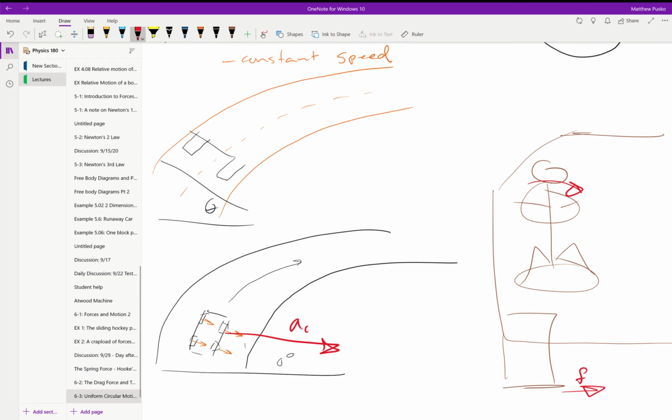But what's happening to you? You've got a seat here, and you've got your butt here. Well, up to a certain radius of curvature or a certain speed, depending on both of those, v squared over r, your butt provides enough friction with the seat to keep you in your same spot.